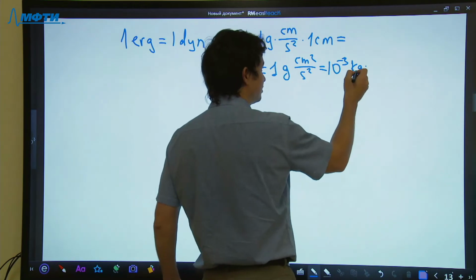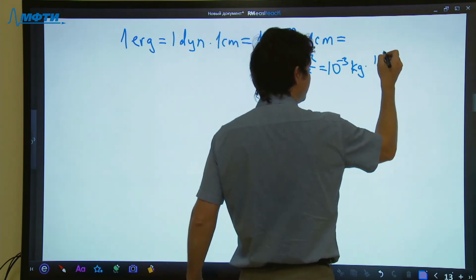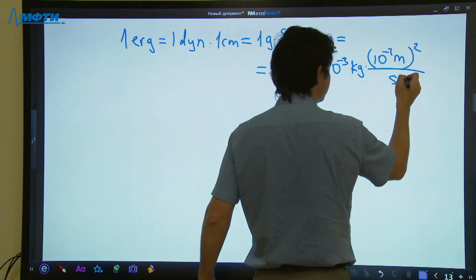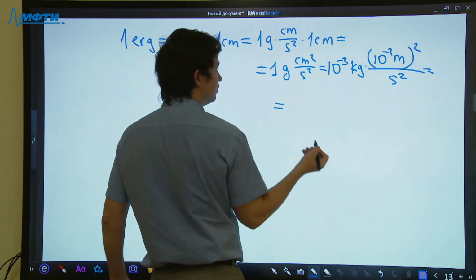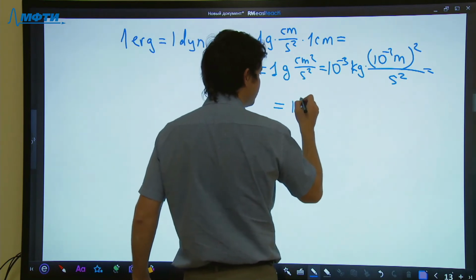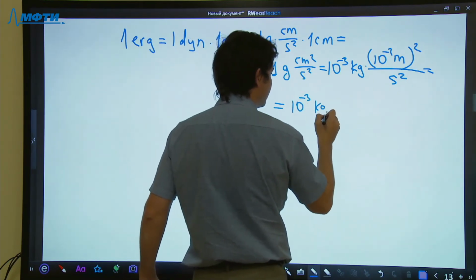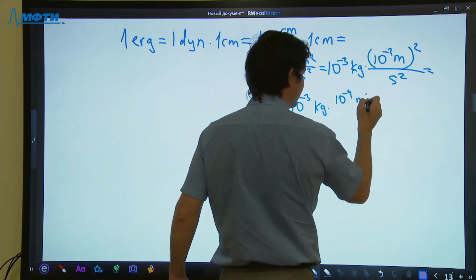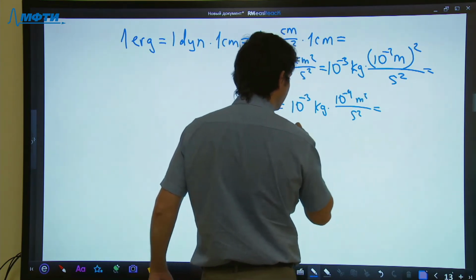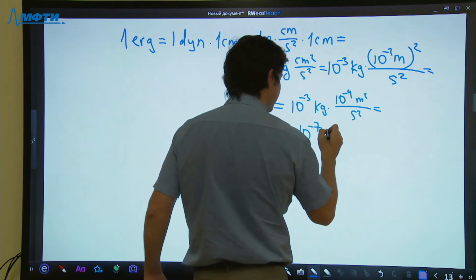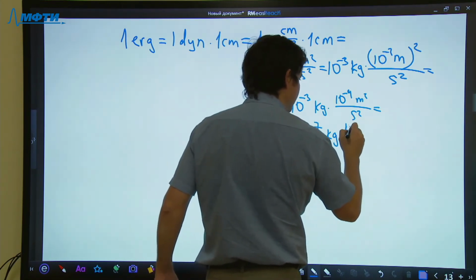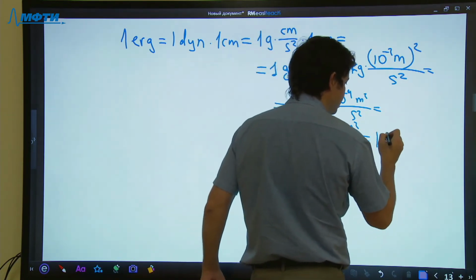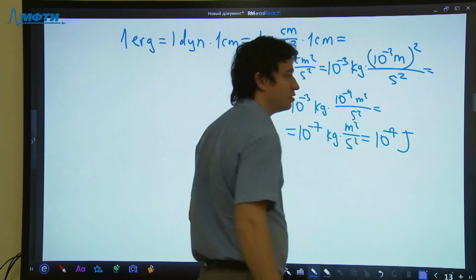For the centimeters, I get 10 to the minus 2 meters squared over second squared. So that gives me 10 to the minus 3 kilogram by 10 to the minus 4 meters squared over second squared. So this is 10 to the minus 7 of kilogram times meter squared over second squared, which is 10 to the minus 7 joules.